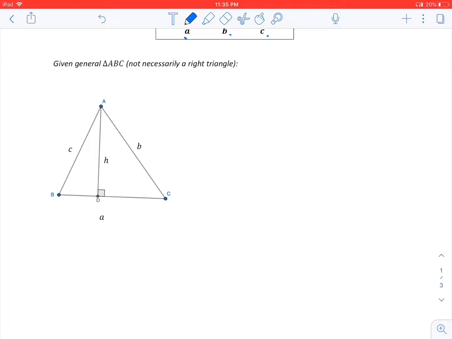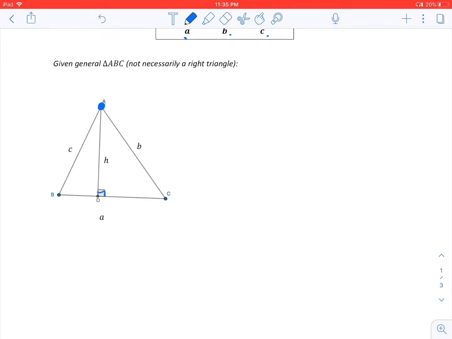The way that the law of sines is proven is by starting with a particular triangle where you don't know its specific type. From this vertex angle here, I can draw the altitude to the opposite side and say that that altitude has a length of h.